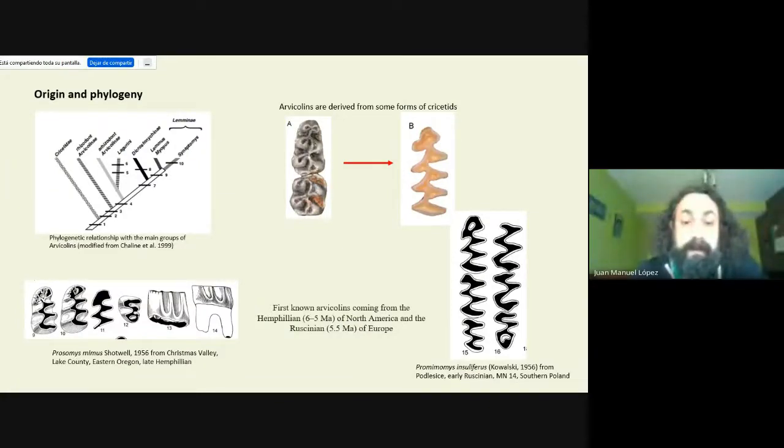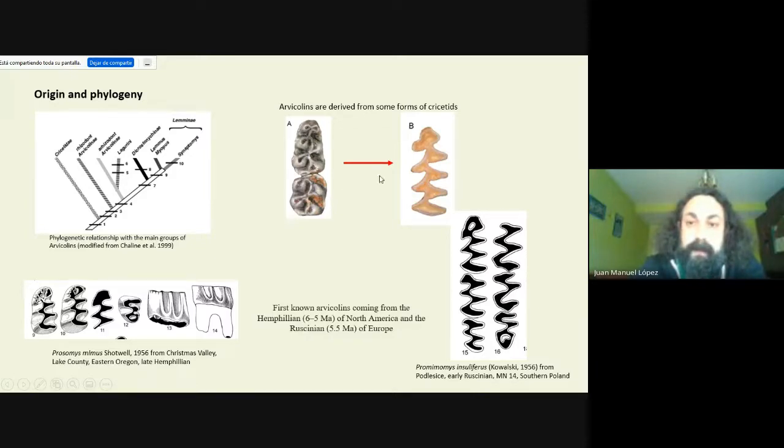Their origin is around 5.5 million years ago in North America, and in Poland we can find this kind of molars that are not really arvicolids. This is an arvicolid. These voles evolved from hamsters, from a form of Cricetus.